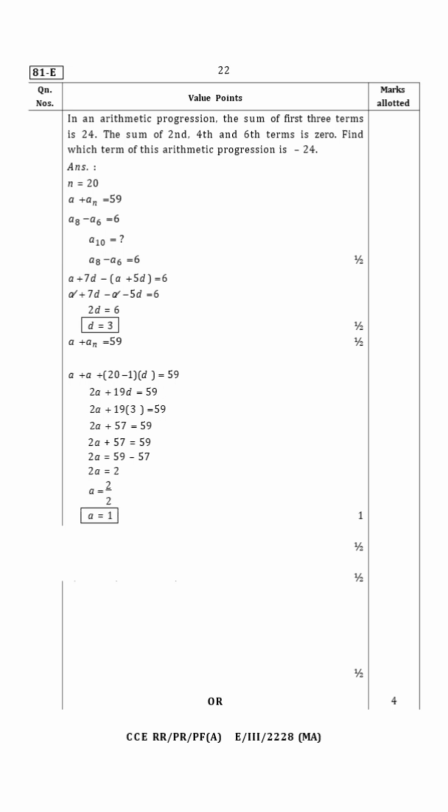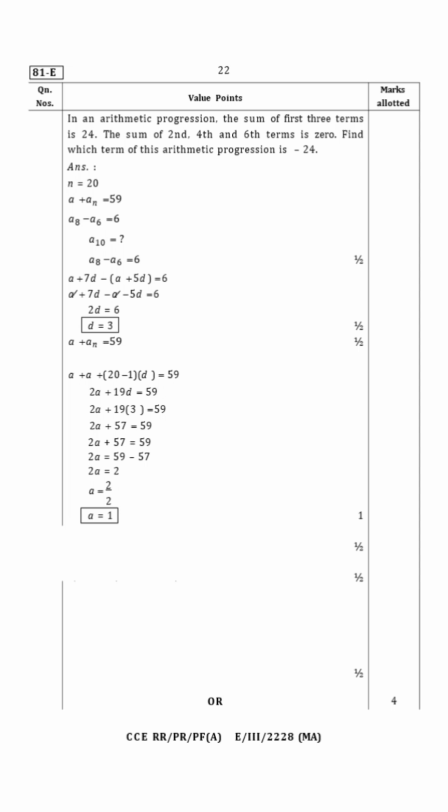So a is equal to 2 by 2, that is equal to 1. So now we have first term is equal to 1 and common difference is 3.